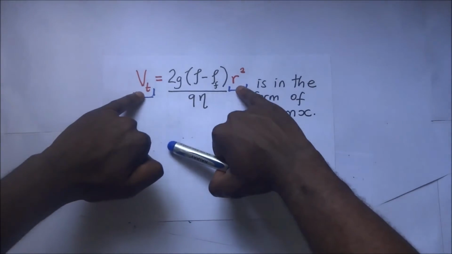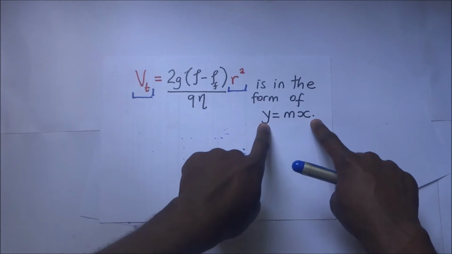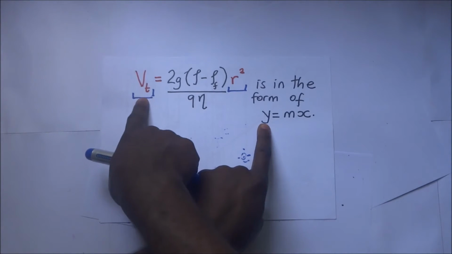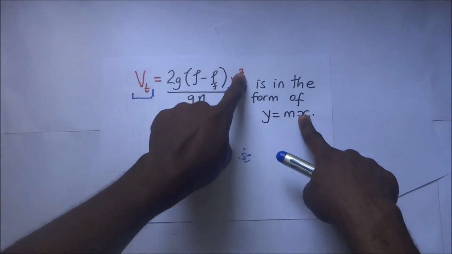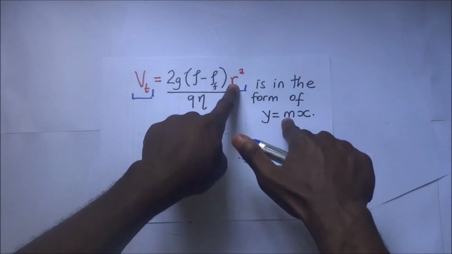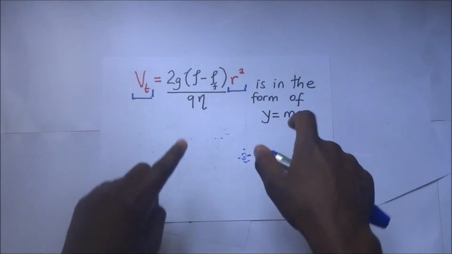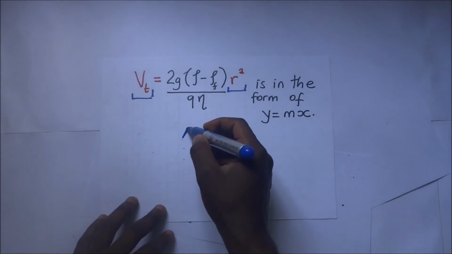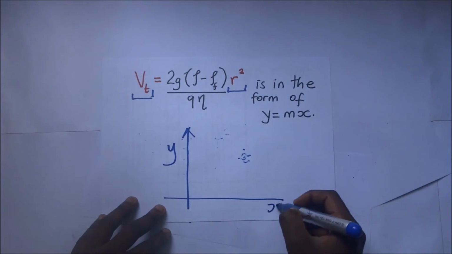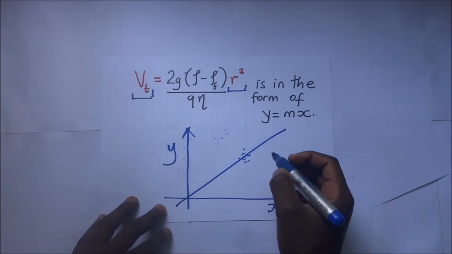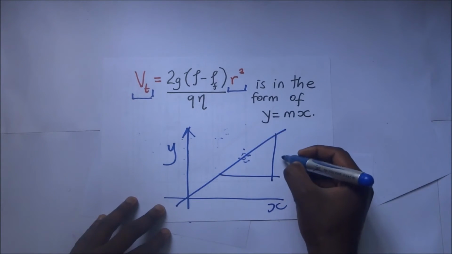Since these two are the ones that are changing, realize that all this is in the form of y equals mx plus c, where y is our terminal velocity and x is our r squared. And this value of m, which happens to be the gradient, represents this whole expression in the middle. So if we drew a graph of y against x, the gradient of this graph is m.